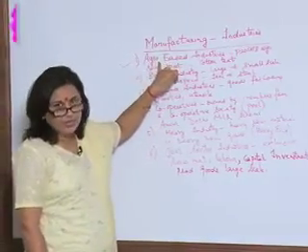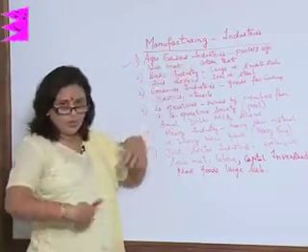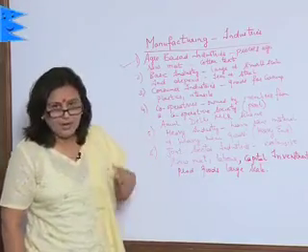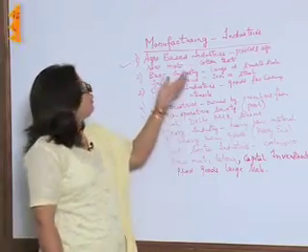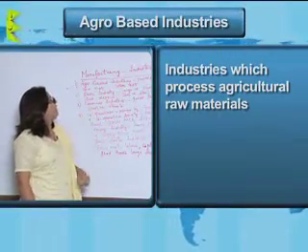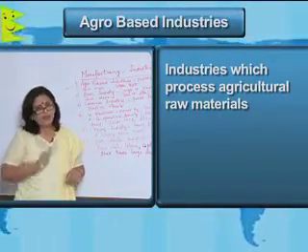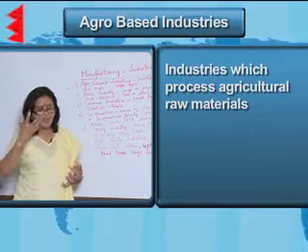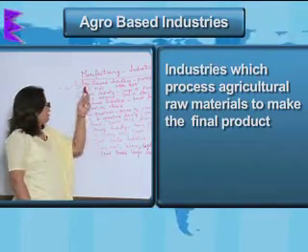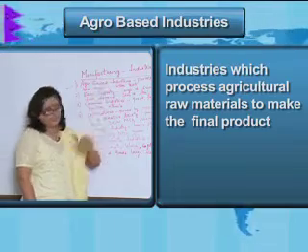Agro means agriculture, based means on which it depends, and industry is a place where it gets manufactured. So, those industries which process agricultural raw materials and then the final product comes out are agro based industries.